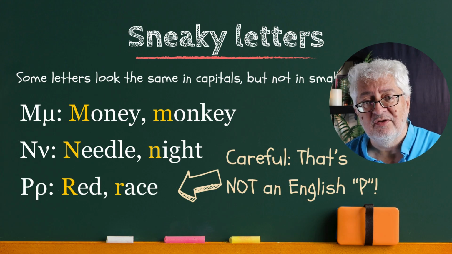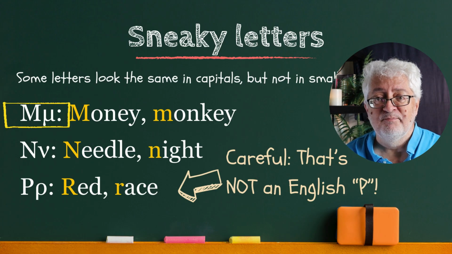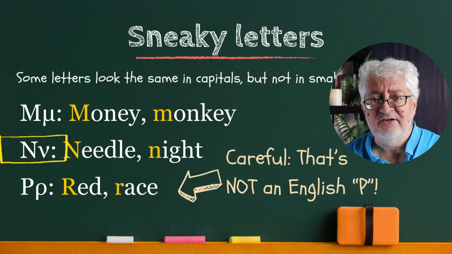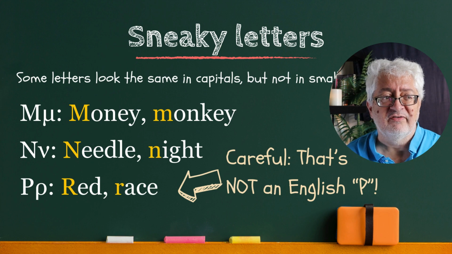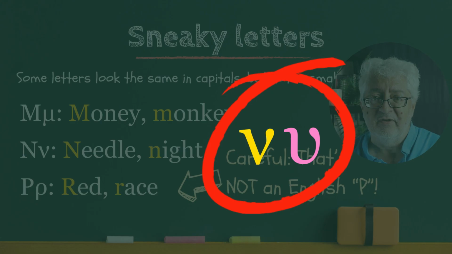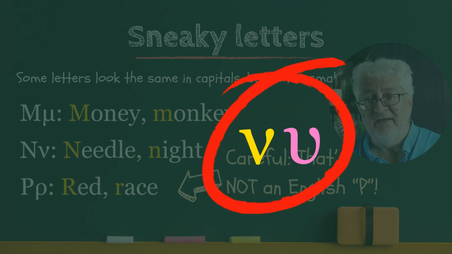But if you look at it, you will see that the shape is different, right? So the mi is this shape, which perhaps you know from mathematics, and the ni actually looks like a little V, but you have to be a little careful with the V because, as I show you again from the previous page, the small epsilon, the small E, also looks like a V, only this one is rounded while the small ni is pointed.